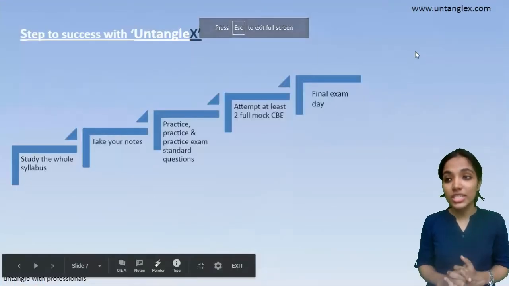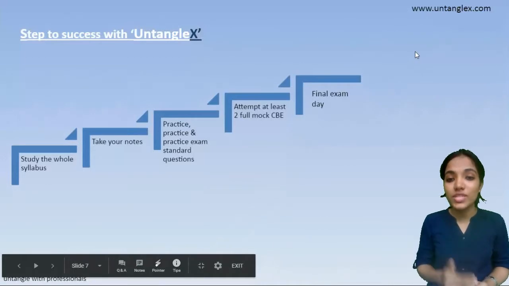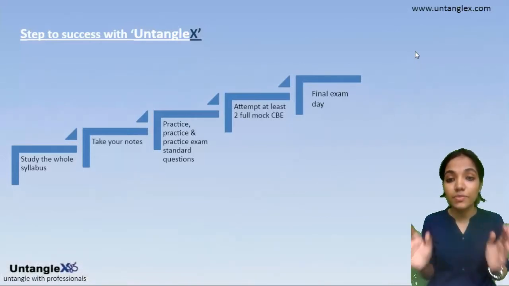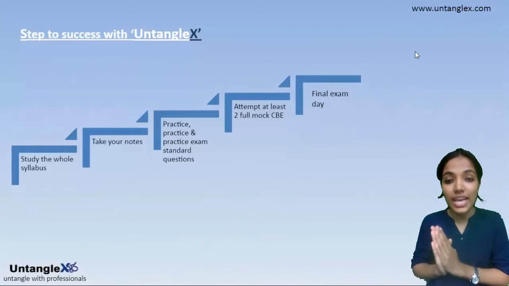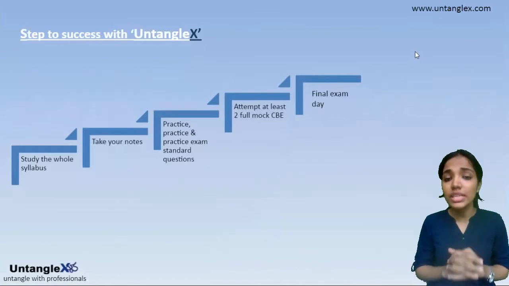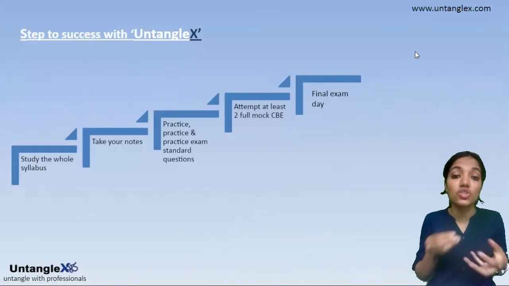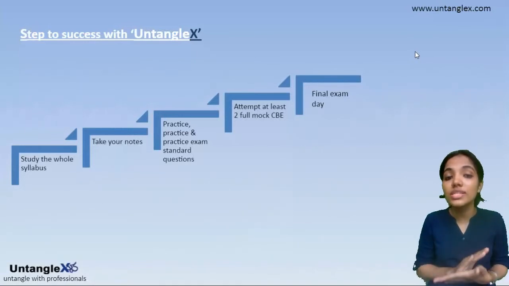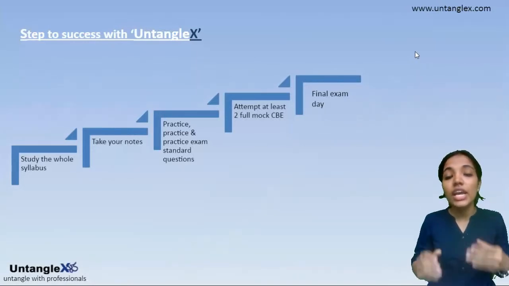Now I'm going to tell you how you're going to step to success with Untangles. We have the correct steps towards cracking the exam. The first one is to study the whole syllabus. Yes, nothing is important and nothing is unimportant in our syllabus, so you need to study the whole syllabus. After that, take your notes.